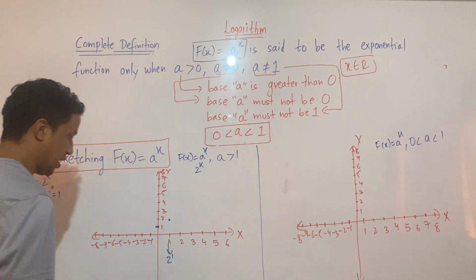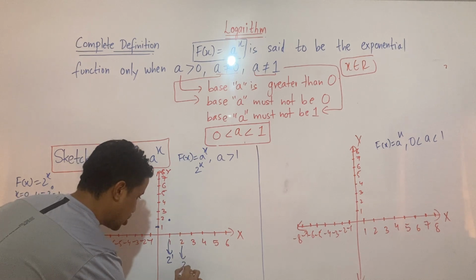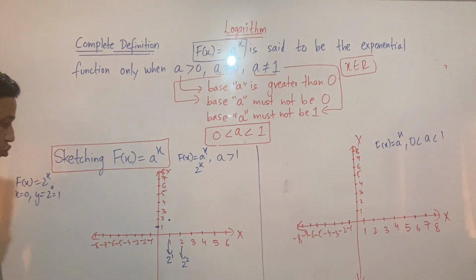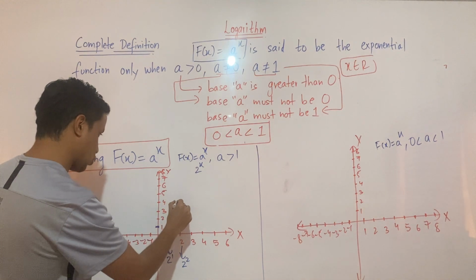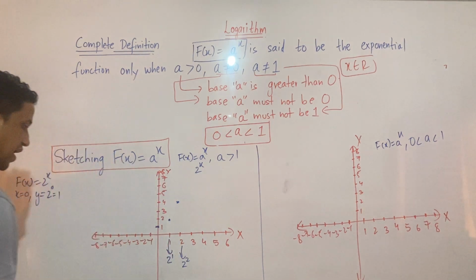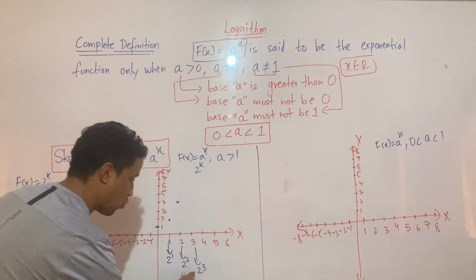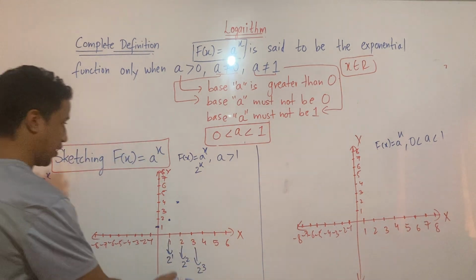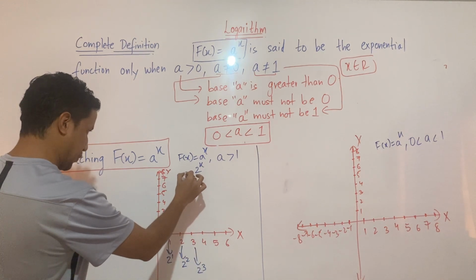And if x is 2, 2 raised to the exponent 2, the value of y is going to be 4, means this one. Then if I take 3 here, the value of y is going to be 2 raised to the exponent 3, which is going to be 8. See here, this point.